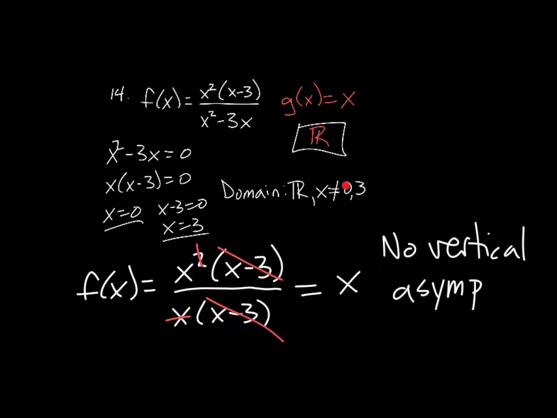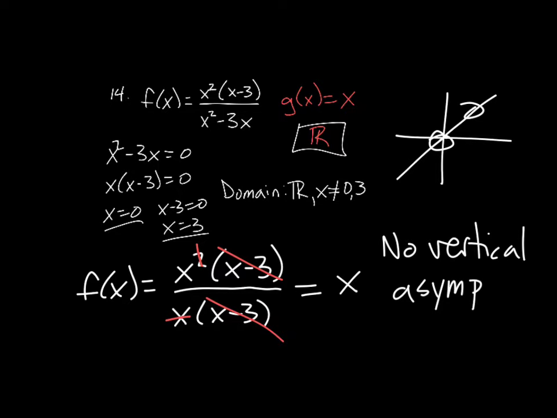So if you were able to zoom in on that graph, right? y equals x is just this line here, okay? You would see that the graph of f would have a hole right there at 0 and right at 3.